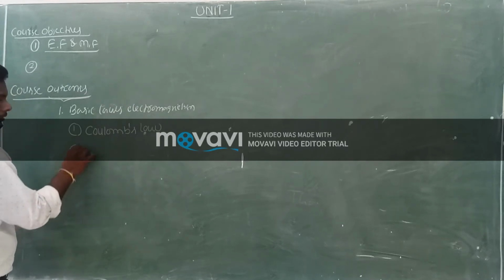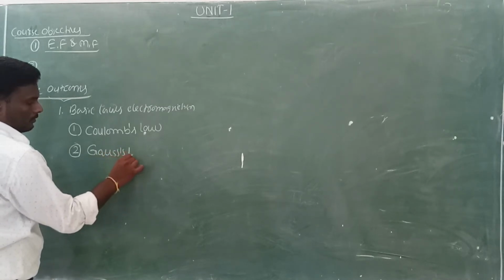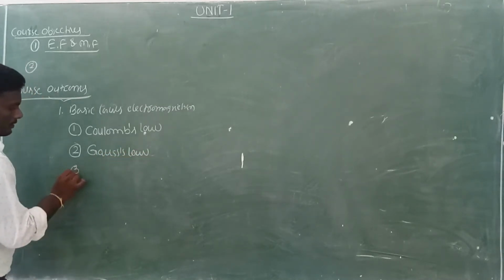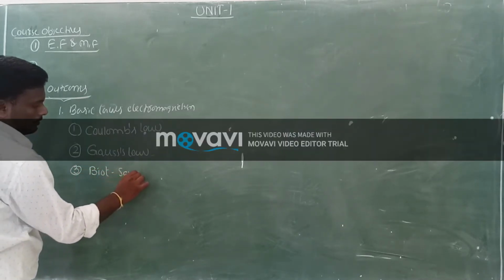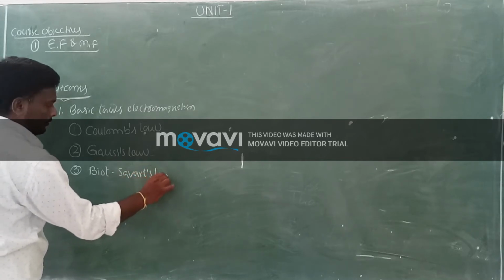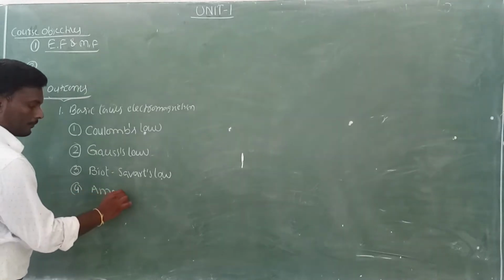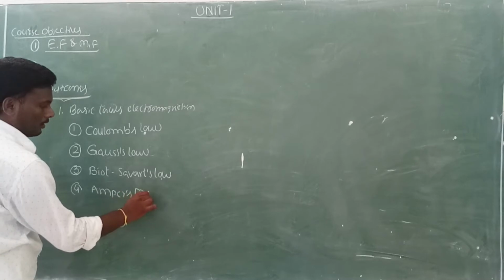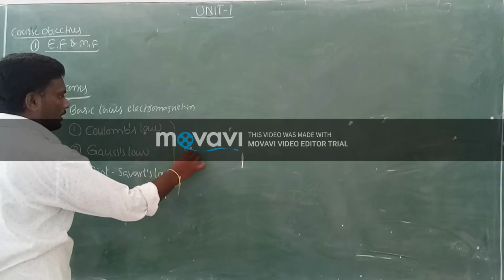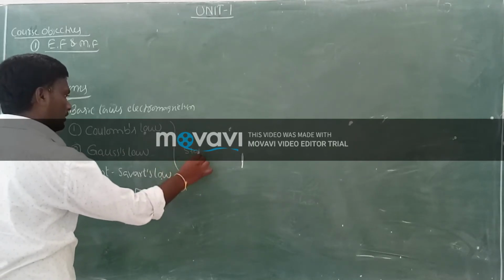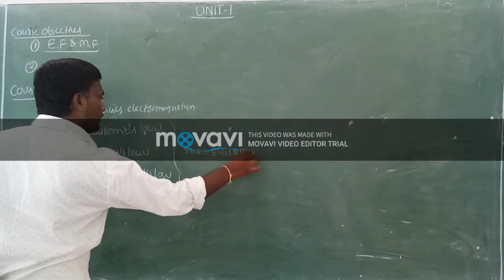These are the basic laws for electromagnetic field theory. And Gauss law, Biot-Savart's law, and the fourth one is Ampere's circular law, and these laws you study under the static electric and magnetic fields concept.